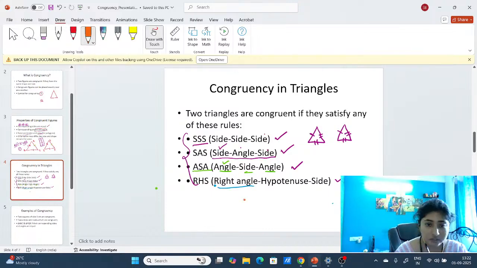So suppose this is my right angle triangle, and this is also a right angle triangle.